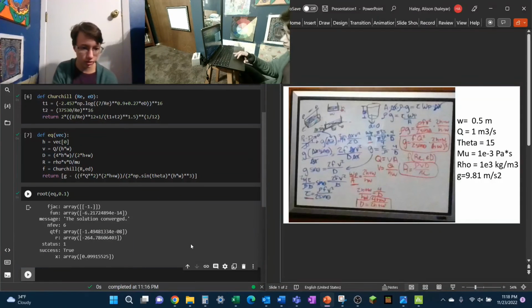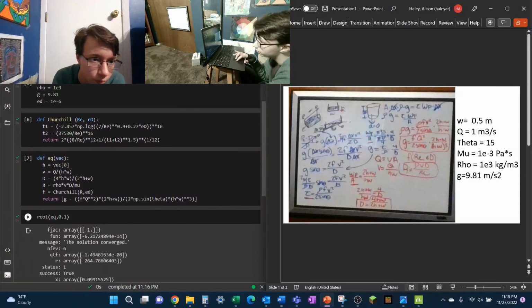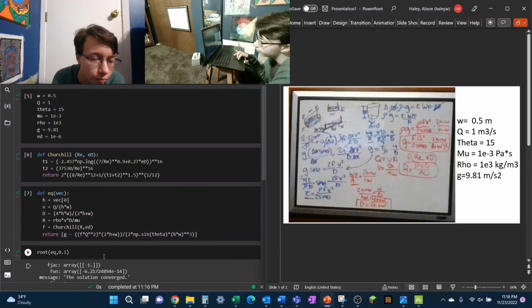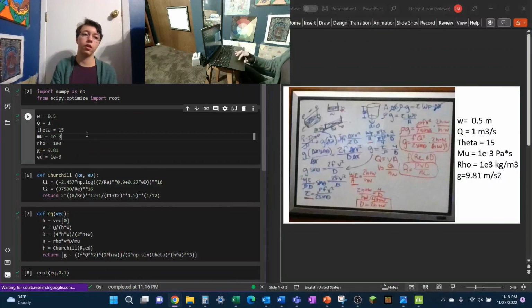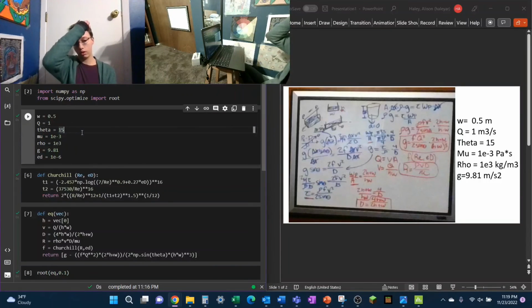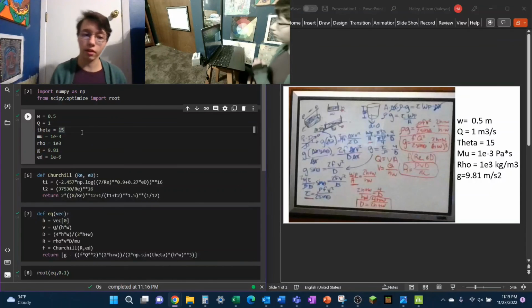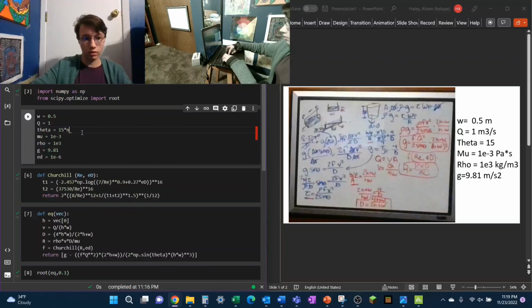Alright, so this is our solution that converged, but it doesn't quite look right. Oh, it's because theta is 15 degrees, and Python assumes that it is in radians, so we need to convert that to radians, where we have np.pi divided by 180.